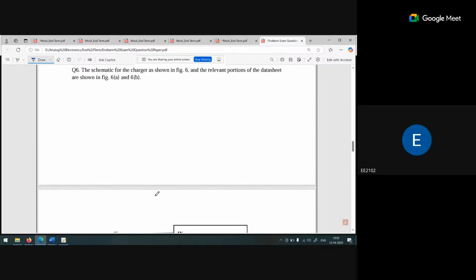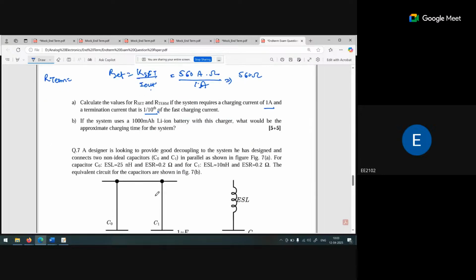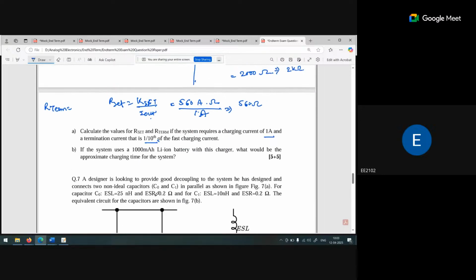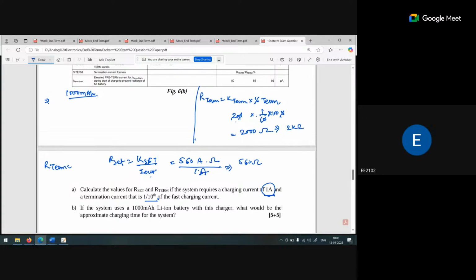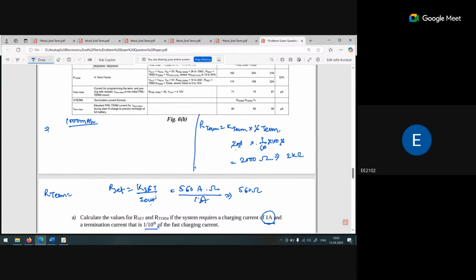Yeah, that is 1 ampere. So 1000 mAh divided by 1 ampere. So it is 1 hour, or we can say 60 minutes. Part B is this.